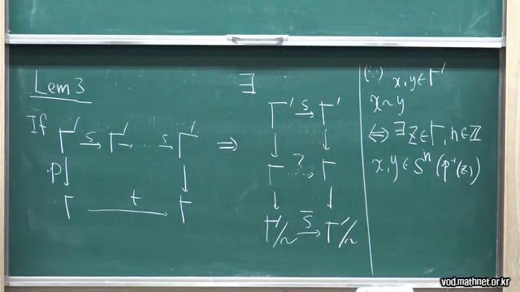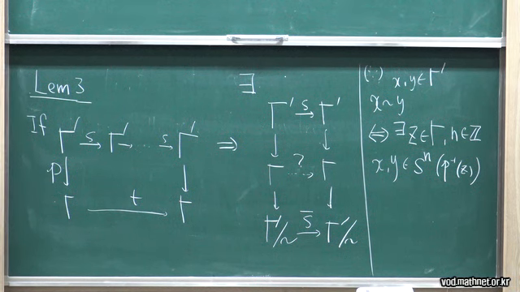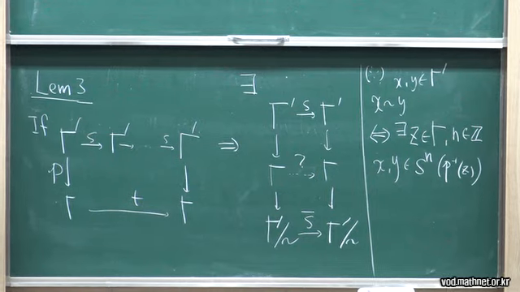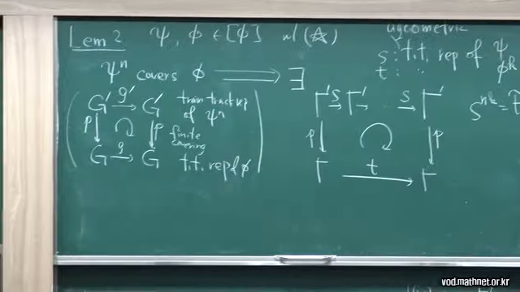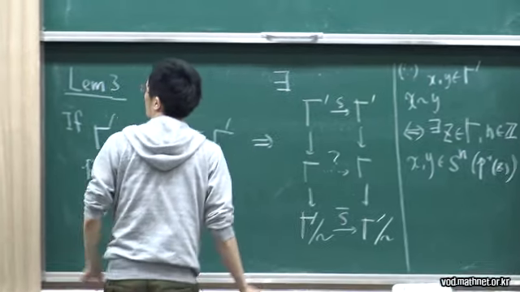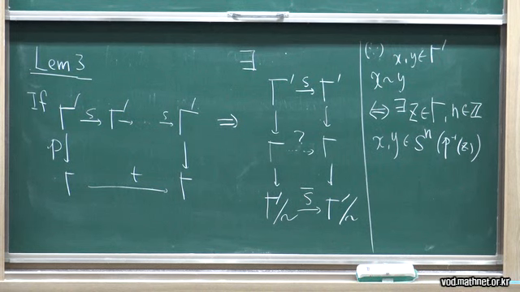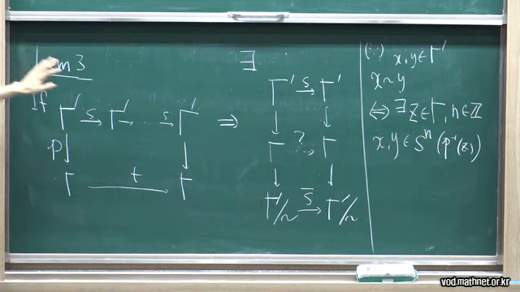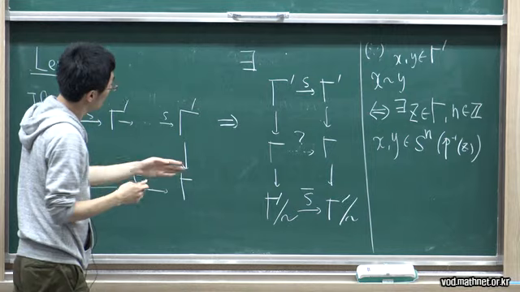Okay, so if we start from the element phi m that we get in lemma 1, and then think about lemma 2, and apply lemma 3 here, then if we have this situation, this contradicts the minimality of this, or maximality of this free group. So if we start from this group, then what you get is a map here, so you cannot get a quotient.